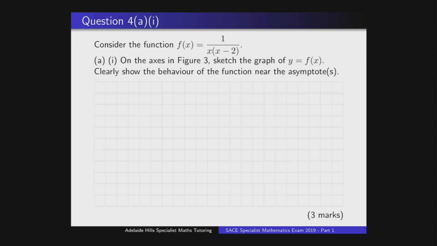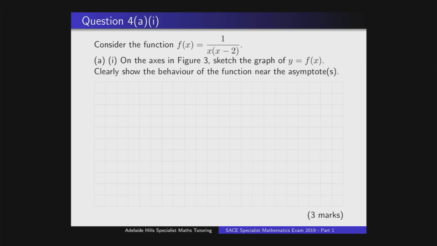the asymptotic behavior. And the asymptotics are going to depend on what happens when x gets very large and very small, and also when things like the denominator get equal to 0, because if the denominator goes to 0, that means the function f of x itself is going to either positive or negative infinity, given that the numerator is fixed at 1.